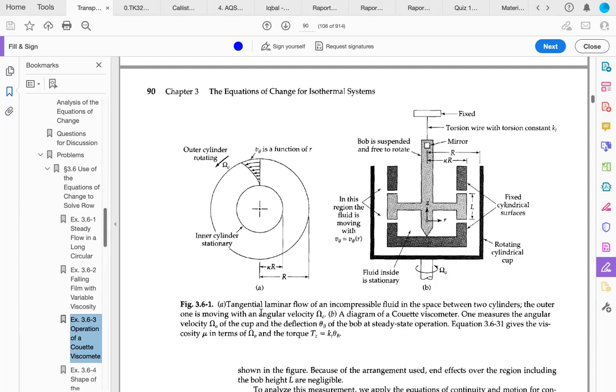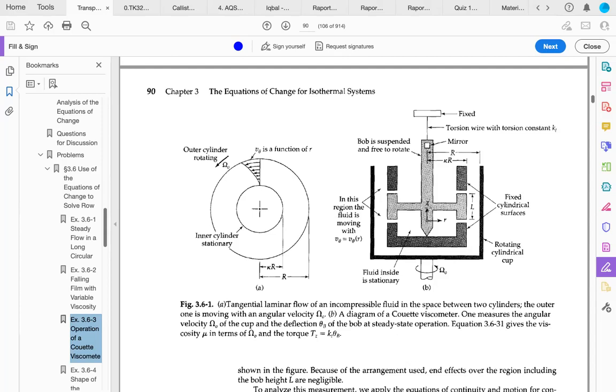Do we have phi z, the velocity in the direction of z? No, I don't think so. We don't have fluid going that way, they are just rotating.